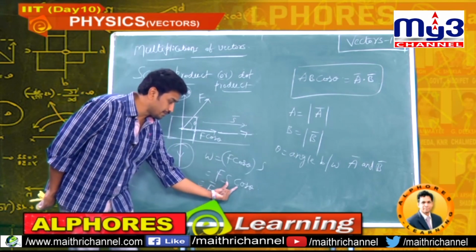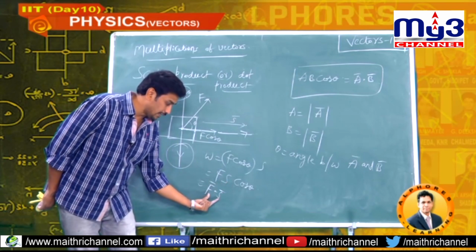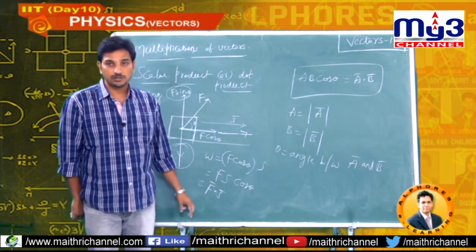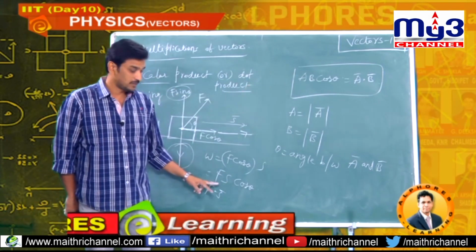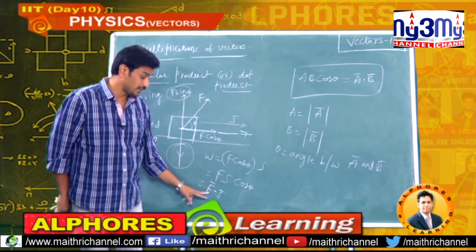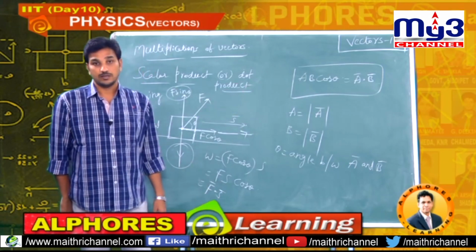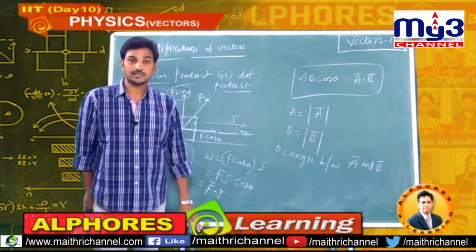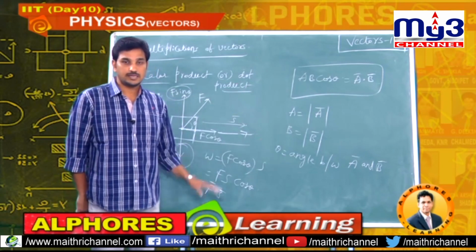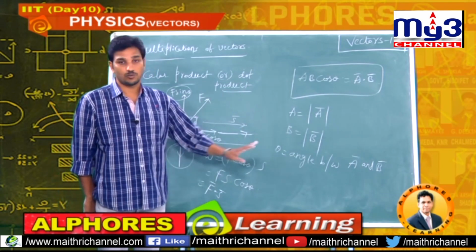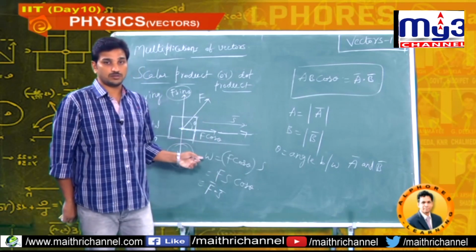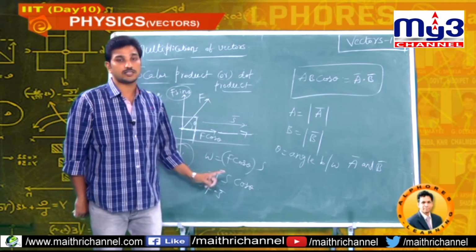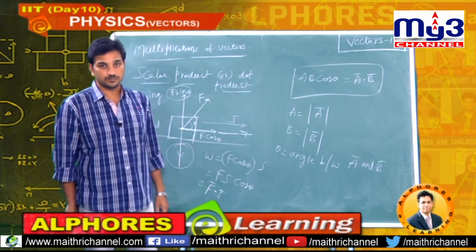Instead of writing Fs cos theta, we write F bar dot S bar because we know the definition of dot product. Fs cos theta or F bar dot S bar is the same. At school level, work is Fs, but that's not exactly correct. We should always use work as F bar dot S bar. This is exactly the correct one.